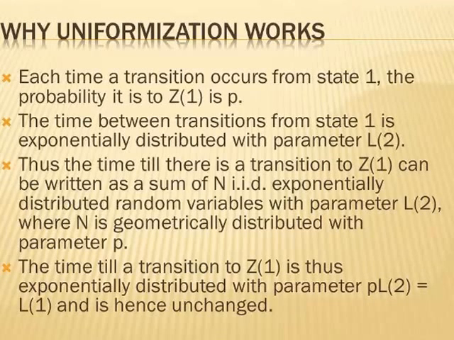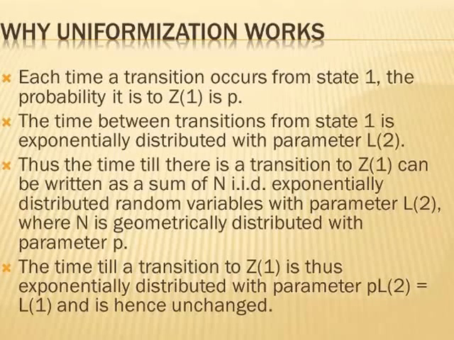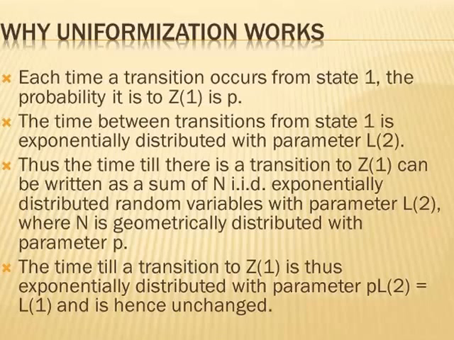Each time a transition occurs from state 1, the probability it is to the set Z1 is now P. With probability 1 minus P, it's a fictitious transition. The time between transitions from state 1 is exponentially distributed with parameter L2 after the transformation that we did.